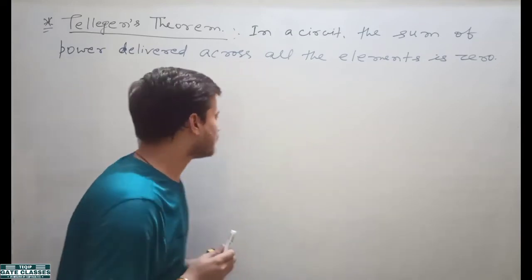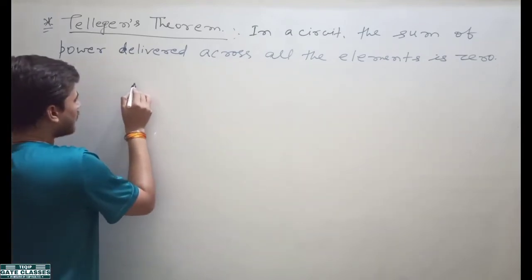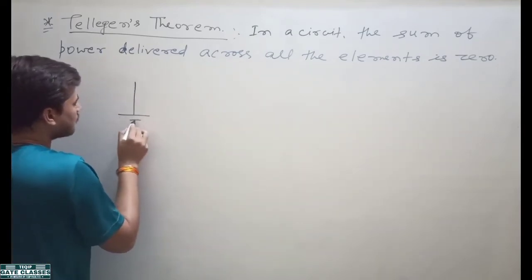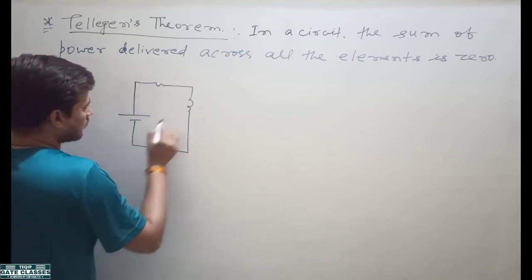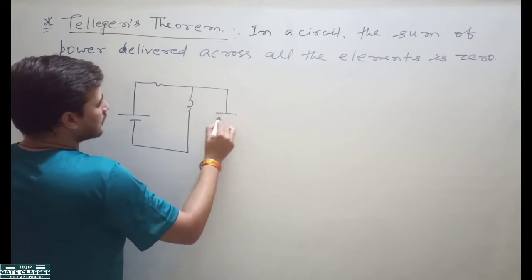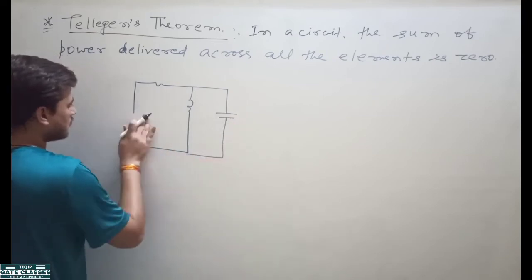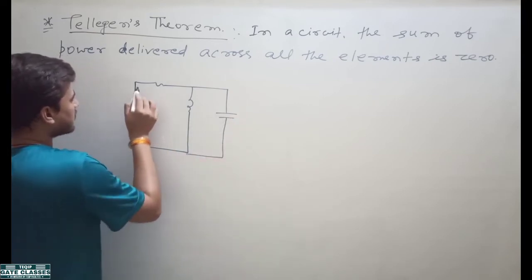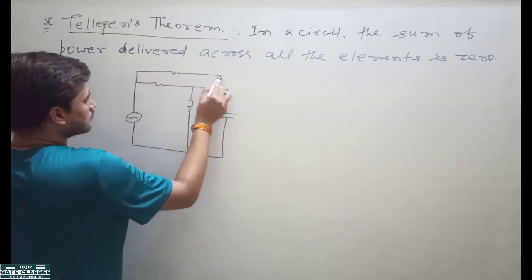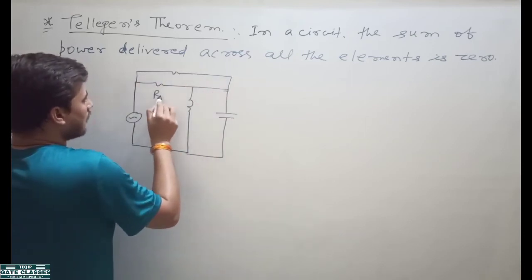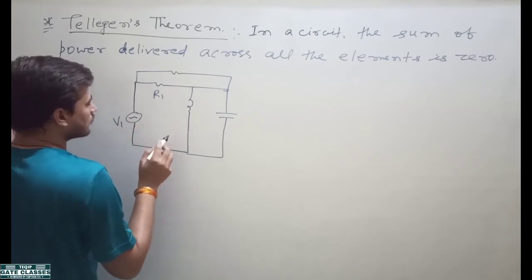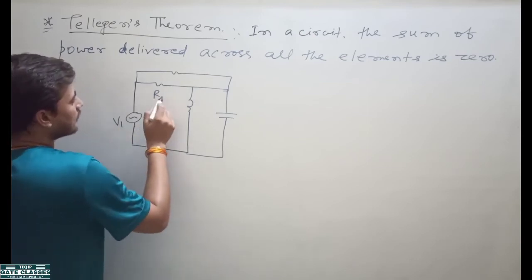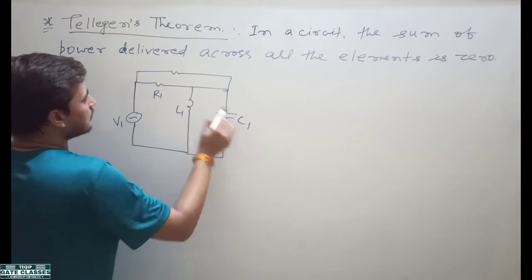What does it mean? They are saying if you are having the circuit like this one, suppose this is an AC circuit, with R1, V1, and different elements L1, C1, R2.